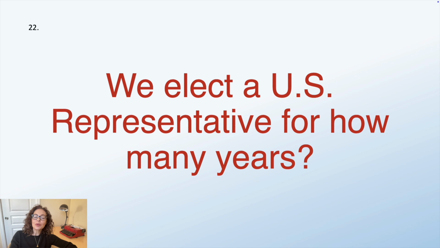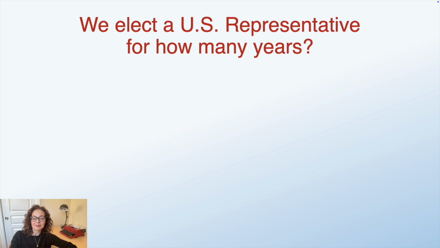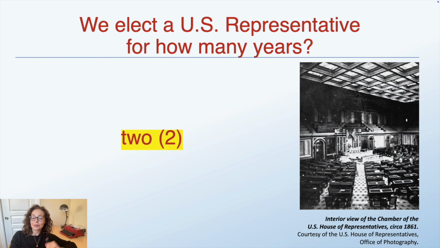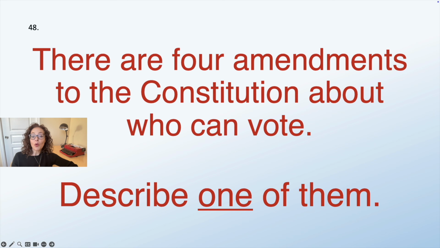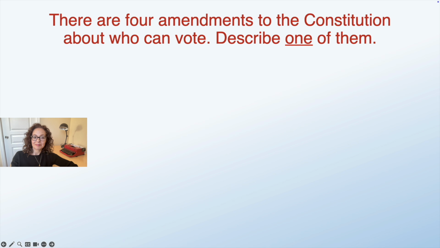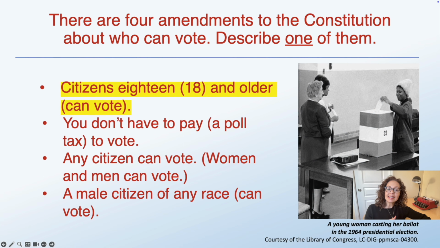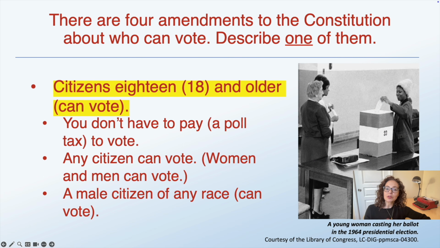We elect a U.S. representative for how many years? 2. There are 4 amendments to the Constitution about who can vote. Describe one of them. Citizens 18 and older can vote.